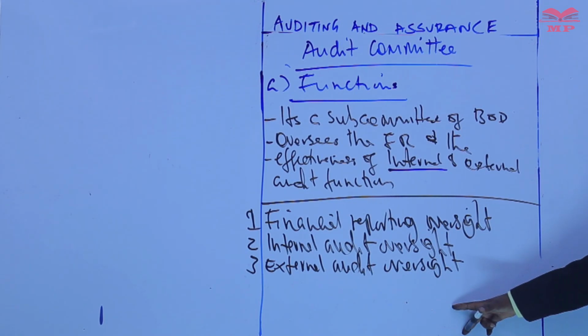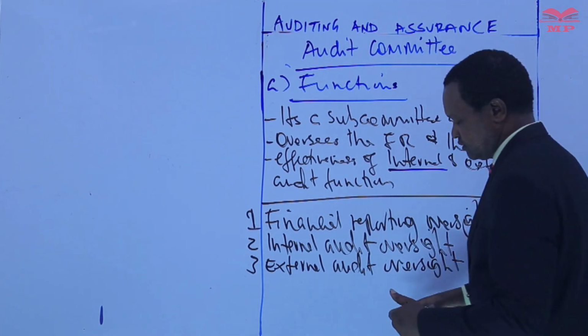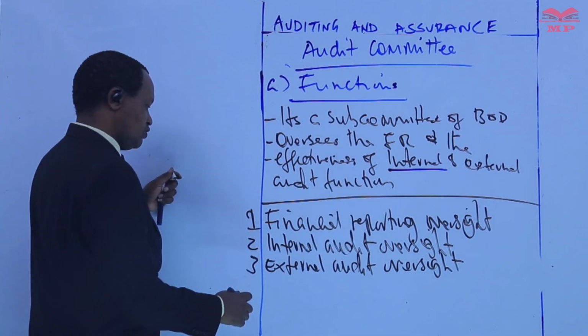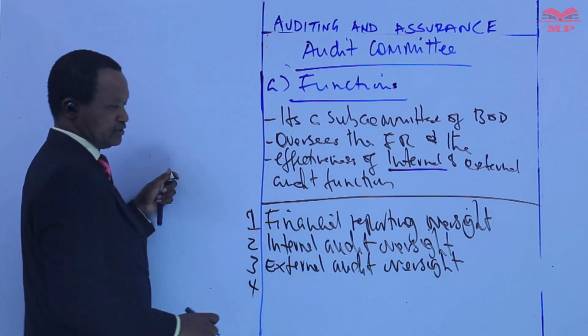Then the external auditor performs his work, or the firm performs its work. After that, the audit committee monitors the performance of the external auditor and ensures that the audit is conducted in accordance with the professional standards. External audit oversight.